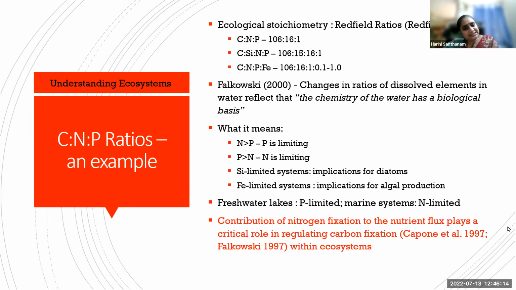This stable state can also be an alternative stable state if the composition of Si changes in time. So what if the Si becomes 1? Then the processing of material cannot happen in the same ratio as 106:15:16:1.